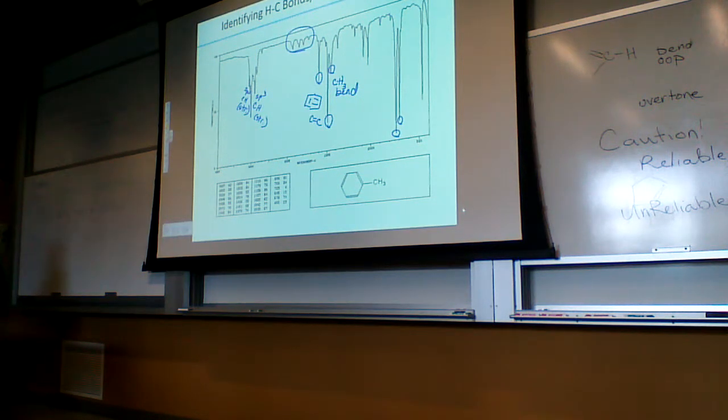Those two, if you match them up with the chart, correspond to a mono-substituted aromatic ring. I have several more examples of these with different substitution patterns, so we'll look at those on the next couple slides.